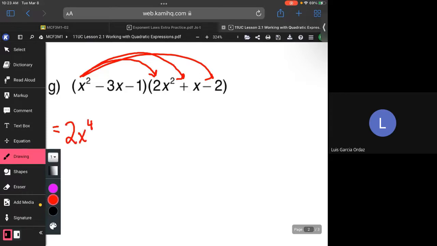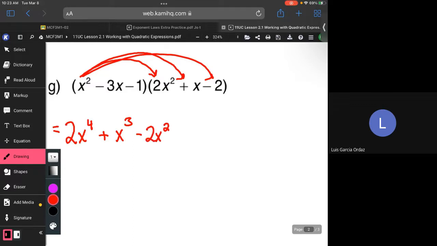Remember when we multiply exponents with variables, we add the exponents together. So what's x squared times x? X to the power of 3. And then x squared times -2 is -2x squared.